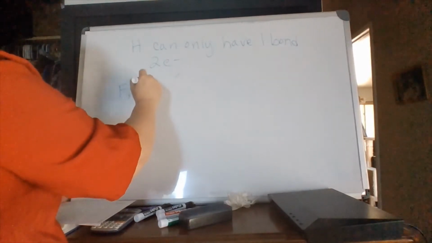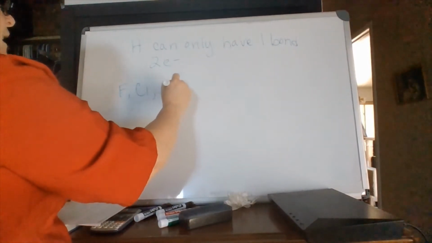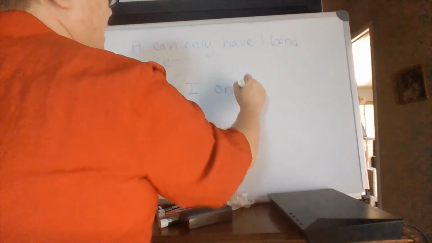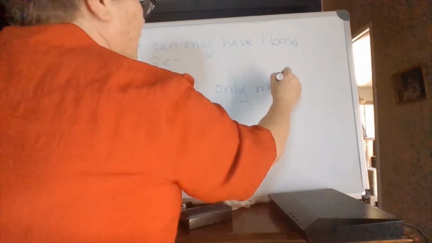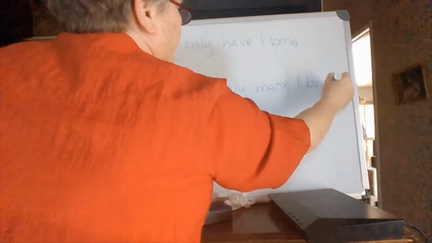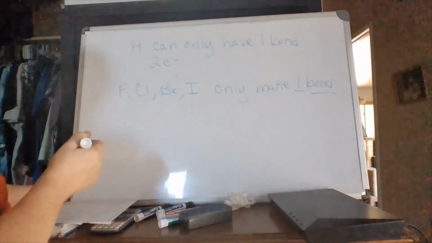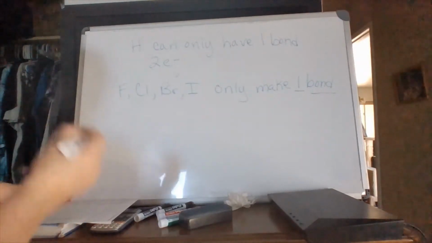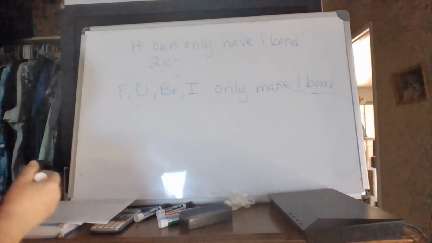Fluorine, chlorine, bromine, and iodine only make 1 bond. Now they can have extra electrons around them because they each need 8, but they can only make 1 bond.